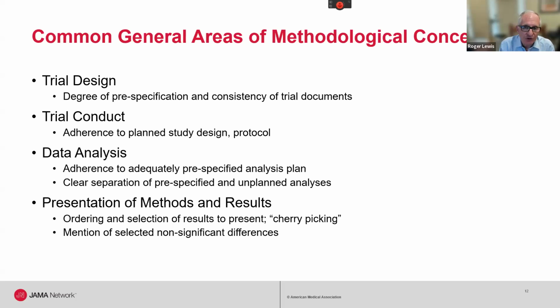This can be difficult to judge if there's not enough detail in the protocol. This is why it's important that you write a detailed protocol that would allow someone else to run your trial, meaning it has that kind of detail. It's also why you submit your protocol with your manuscript so that we can actually compare what the protocol said you were going to do against what actually happened as reported in the manuscript.